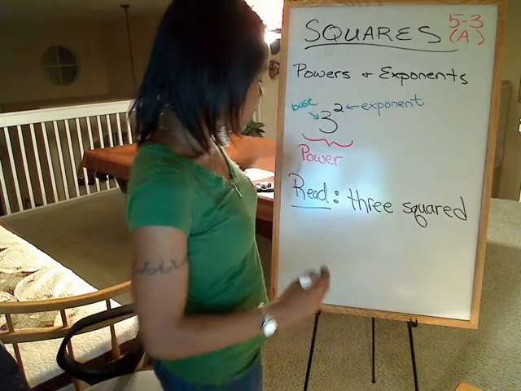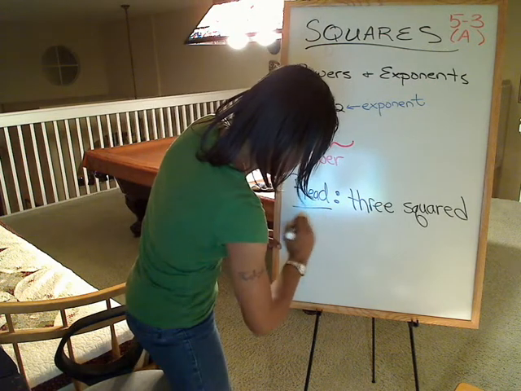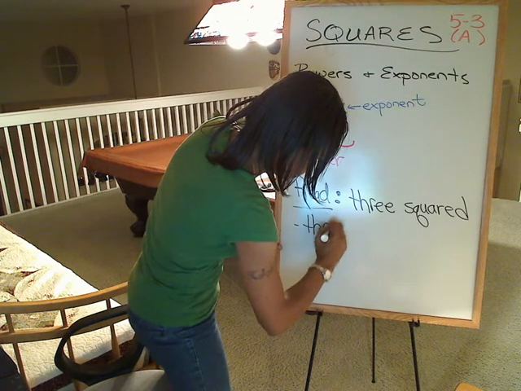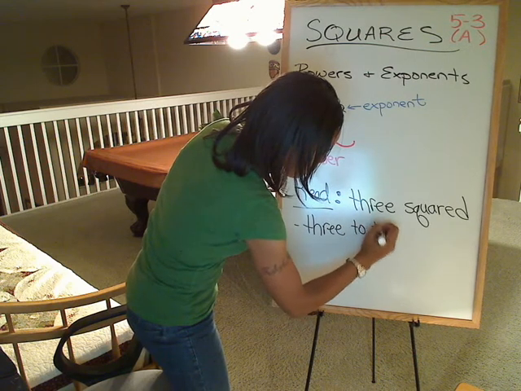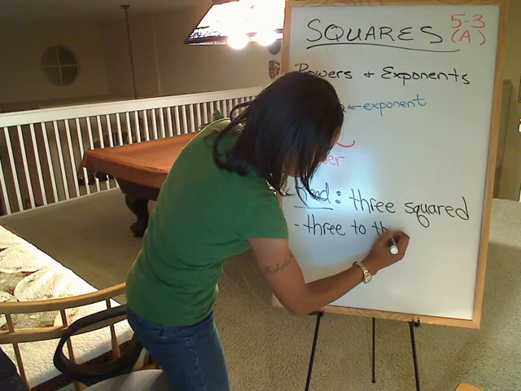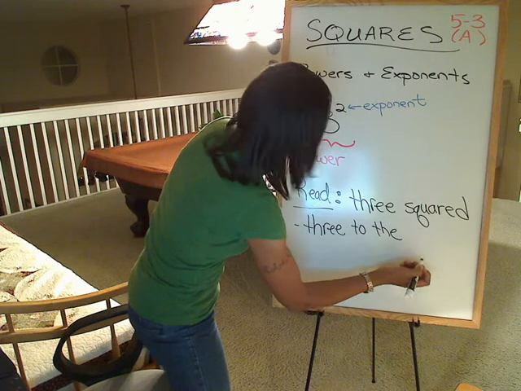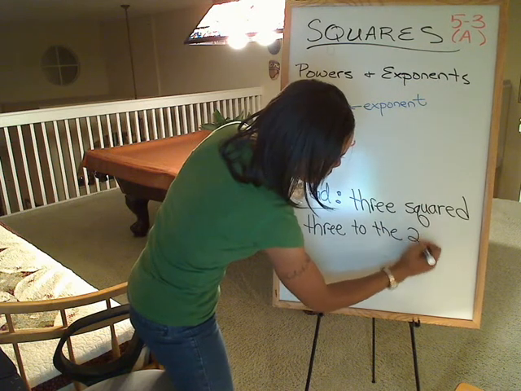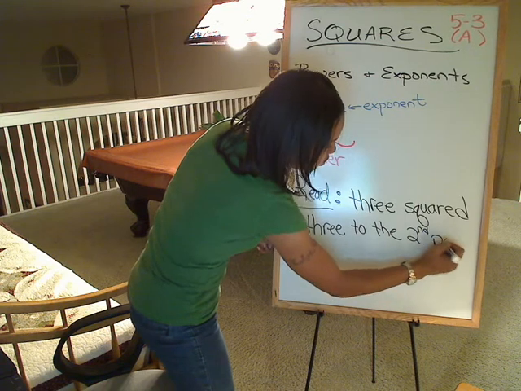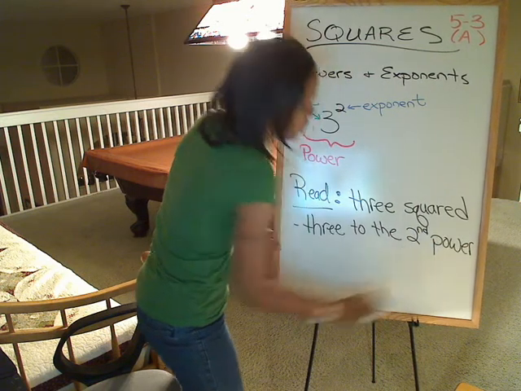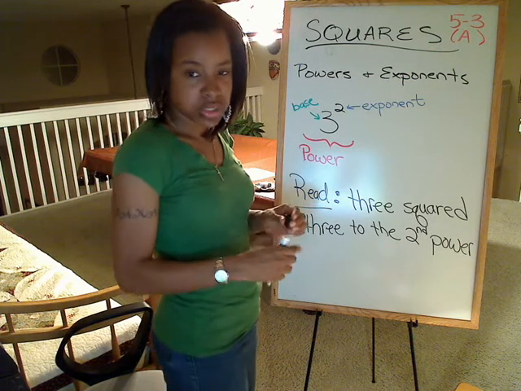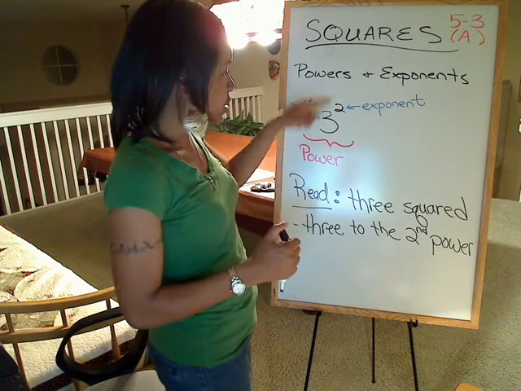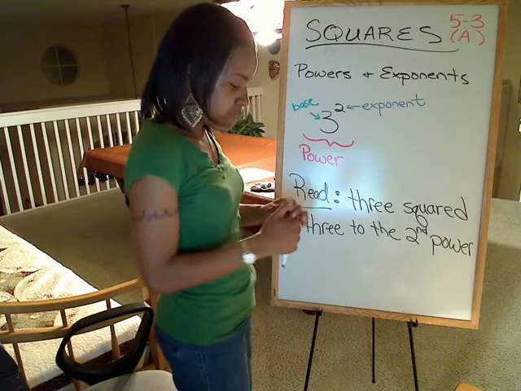Another way you could read this is 3 to the second power. You could also read it as 3 to the second power. So there's 2 different ways you can read it. You can say 3 squared, or you can say 3 to the second power.